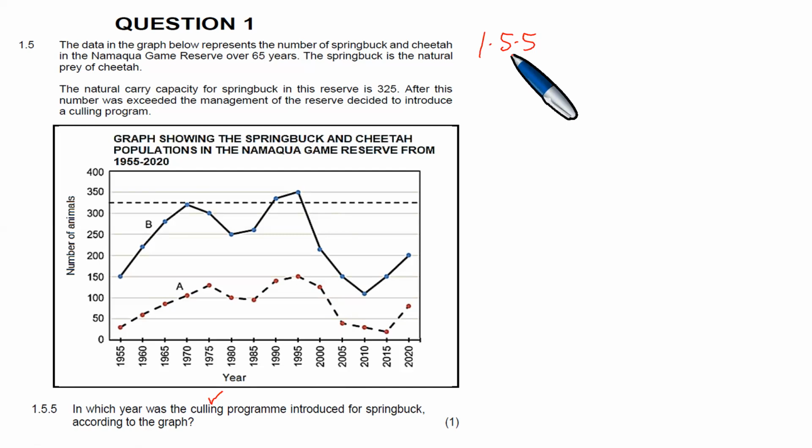So 1.5.5. So that would mean, therefore, at this point, we can see that in the year 1995, we can see that the culling program was introduced for springbok according to the graph.